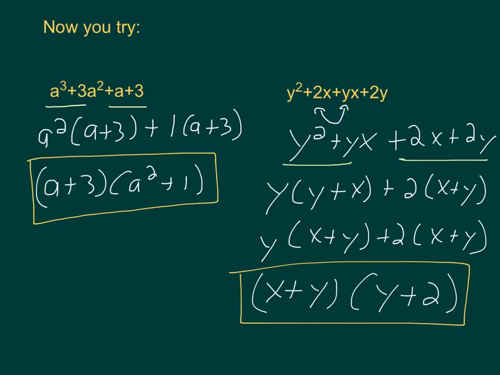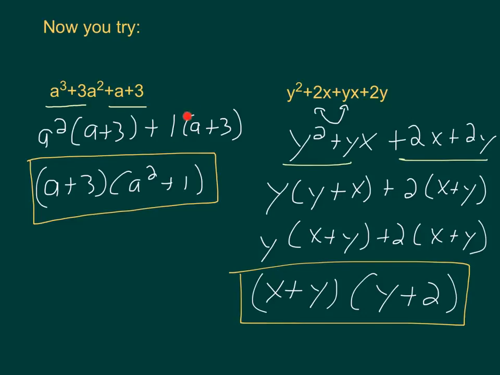One thing I just wanted to point out is that in the first example, although a and 3 don't have a common factor, we could treat 1 as a common factor, and that's going to be clear when we take the a squared out of my first 2 terms, and it leaves me with a plus 3. So I want to make sure that I get an a plus 3 here, and that's a way to guarantee that it will work.